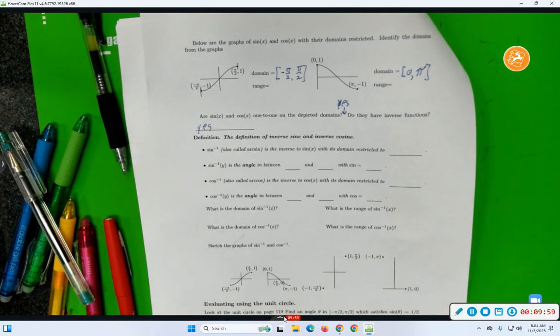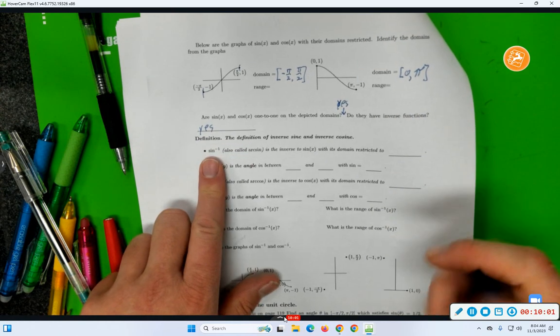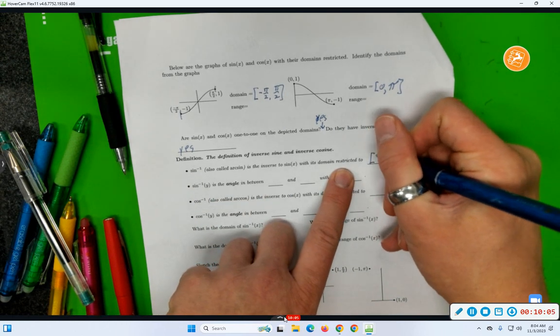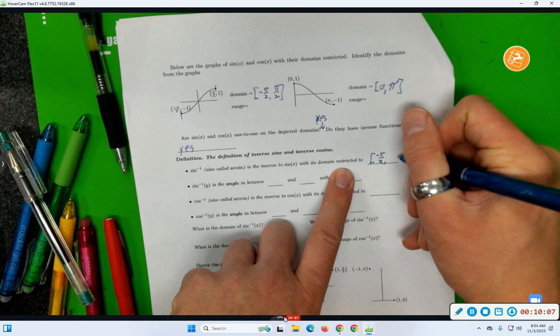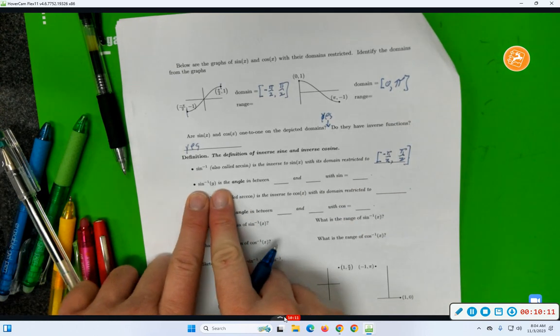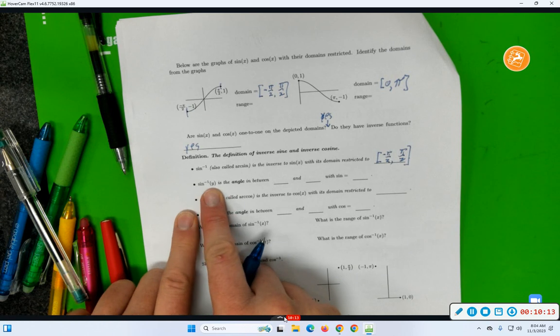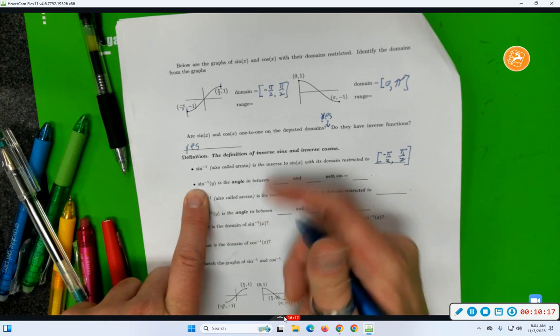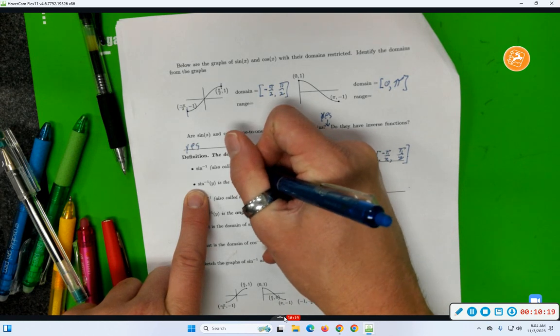Here's the definition of sine inverse. Inverse sine, also called arcsine, is the inverse to sine after you restrict the domain to be negative pi over 2 to pi over 2. So what does that mean? That means if I give you a number y, then inverse sine of y is the angle. Maybe I'll even give that angle a name.